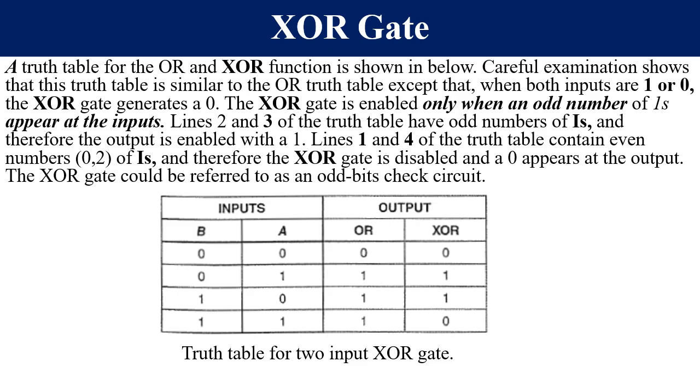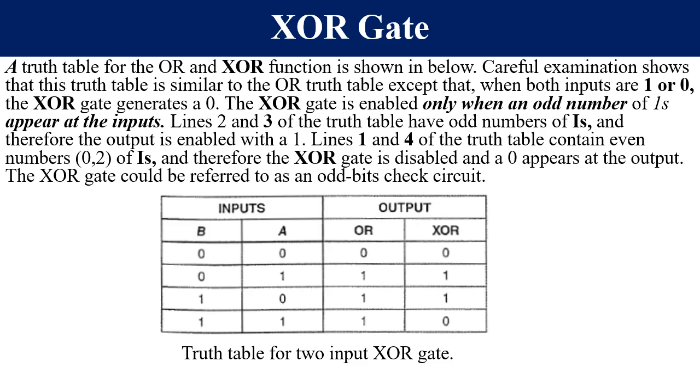Then the truth table, which is a table that shows the output for any combination of inputs. We have said, let's go to 1 and 1 when our outputs are 1. If we count the number of ones, 1 is an odd number.